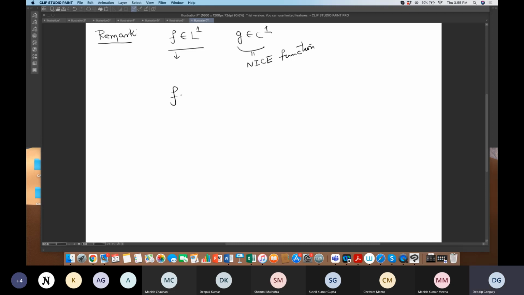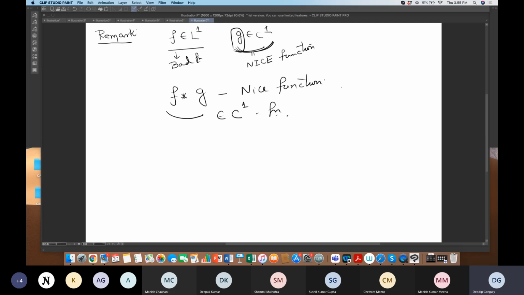Whenever you convolve f, a bad function, that means not a continuous function, not always, with a nice function, it takes the regularity of the nice one. g is C1, so f convolution g is a C1 function.